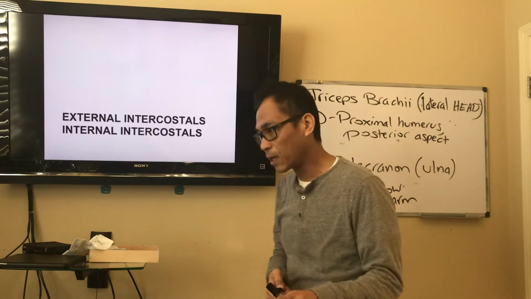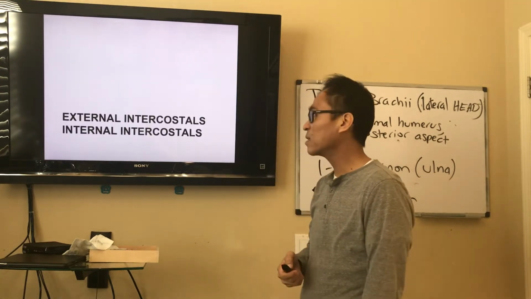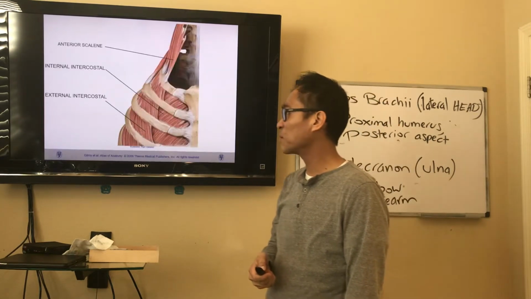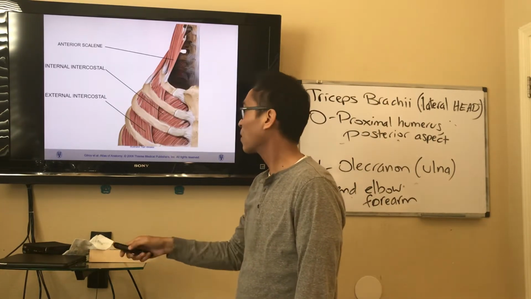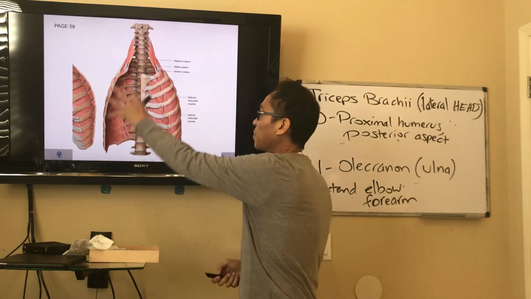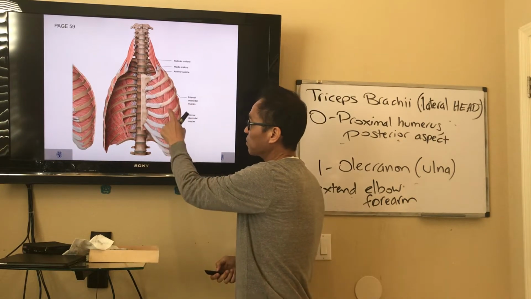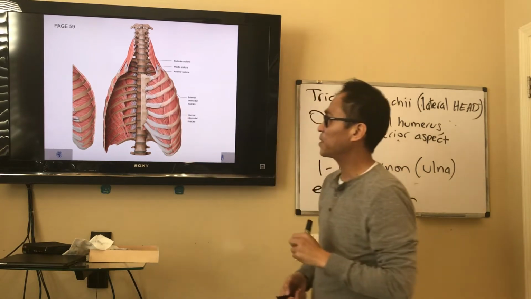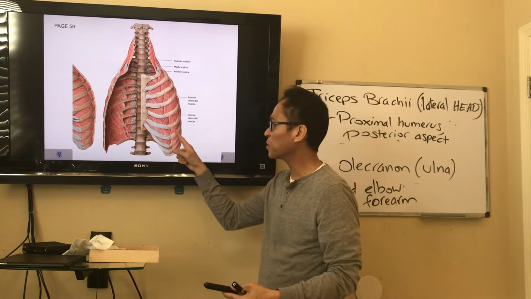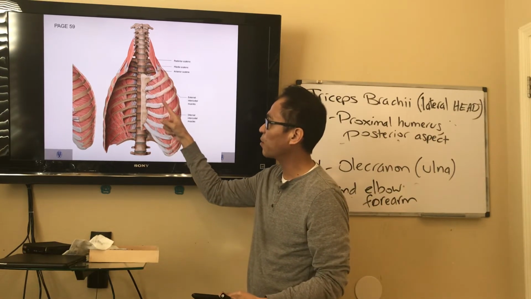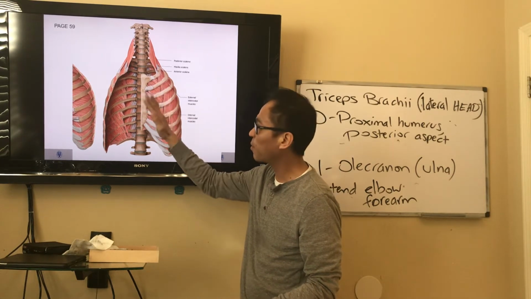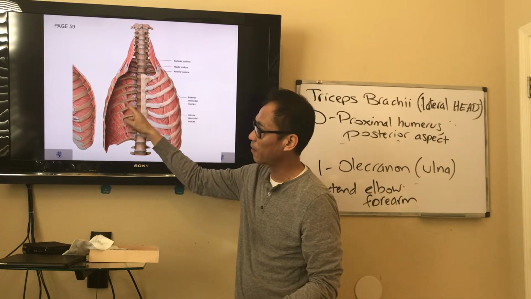I wanted to sneak in a couple of muscles of the thorax, muscles of the rib cage. So just know the external and internal intercostals shown here. Here's a complete picture of what we're looking at. Here's the whole rib cage. And we're just talking about the muscles that fill the intercostal spaces. The external intercostals, because they're external, they're more superficial, they stop here at the edge of the bony rib. But the internal intercostals go all the way to the sternum, but they both go all the way to the backside right there.